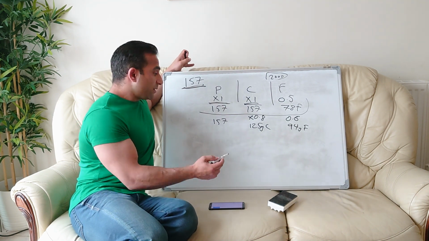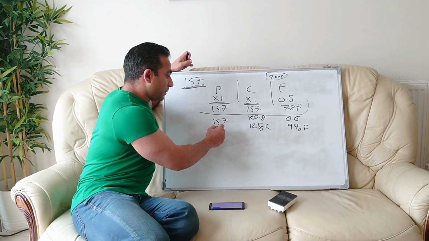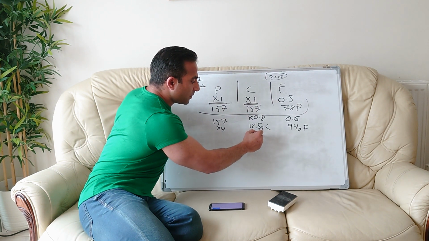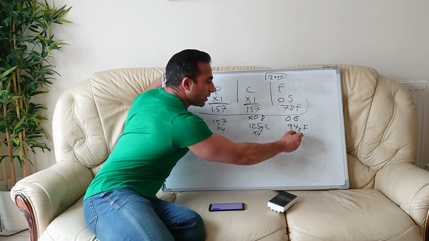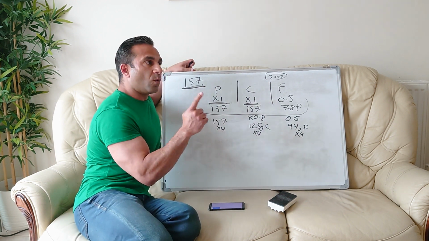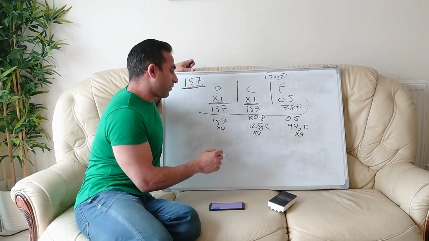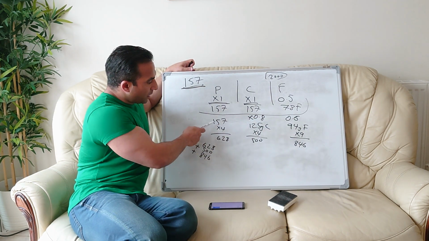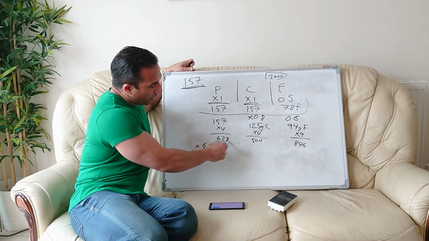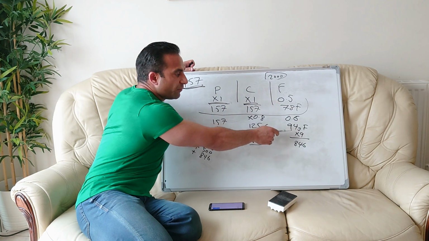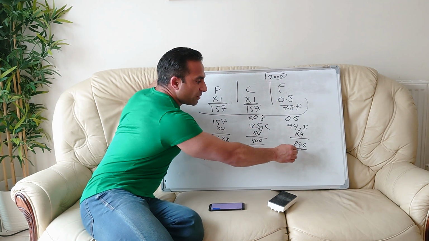Now to work out the calories, you simply multiply by 4 for protein because there are 4 calories in 1 gram of protein. Same with the carbs, multiply by 4. Fats are higher in calories, so I'm going to multiply that by 9 because 1 gram of fat contains 9 calories. So 157 times 4 is 628, 125 times 4 is 500, 94 times 9 is 846.